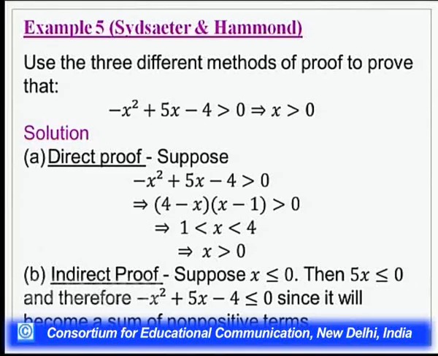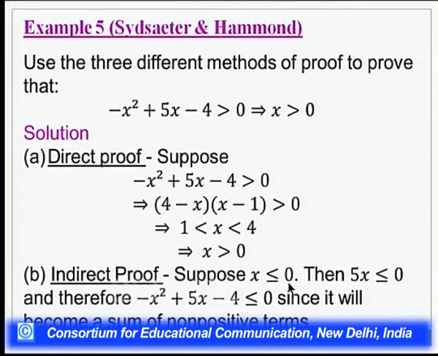An indirect proof is a proof by contrapositive. So we'll assume that Q is not true and we'll prove that not Q implies not P. Now not Q here, if you follow my cursor, is x less than or equal to 0, because the complement of x greater than 0 is x less than or equal to 0.